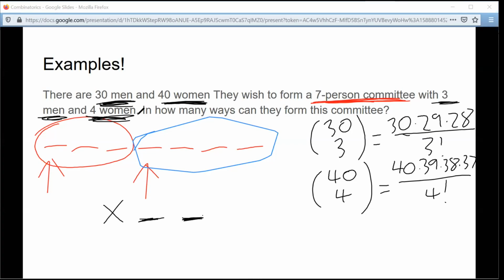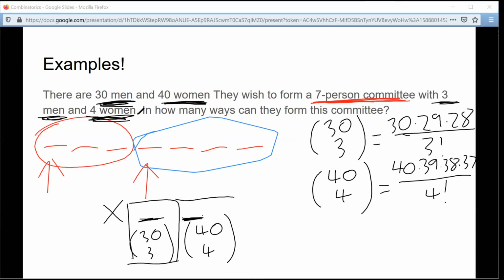So for example, this problem would actually be multiplying because the 30 choose 3 and the 40 choose 4 have no impact on each other. So the 3 men that I choose here has nothing to do with the 4 women I choose here. And therefore, every single way to arrange 3 men has an equal number of ways to arrange 4 women. And so therefore, you would actually multiply these two numbers.